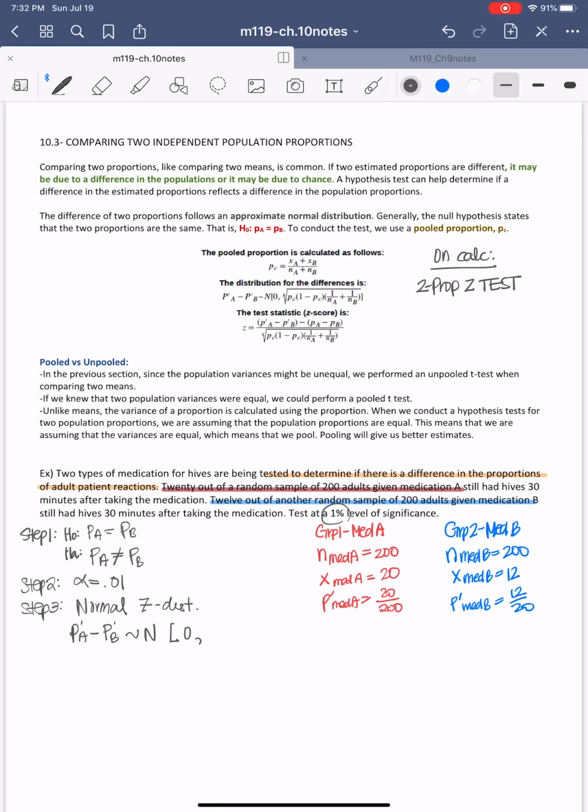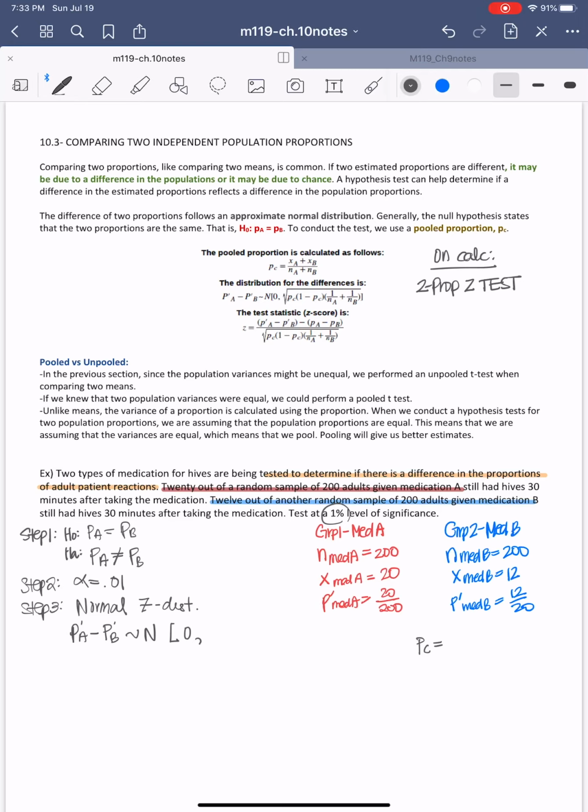So the notation, the difference between P bar A and P bar B is normal with the 0 mean value. And here, take a look at this. For the standard deviation, it is calculated as this one. So let's calculate the pooled proportion value and then substitute it here. So on the side, pooled proportion is XA plus XB over NA plus NB.